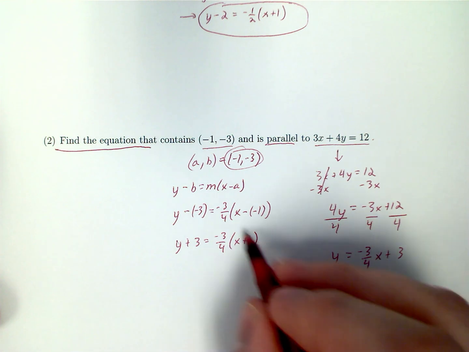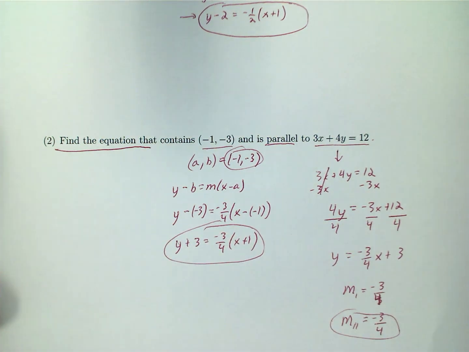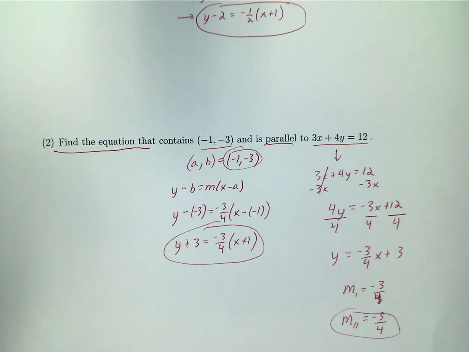And this is an equation of a line, so we're done. Again, unless it tells you to put it into slope-intercept form, you don't have to. If you want to, that is also okay, but you do not have to. Again, this is simple.